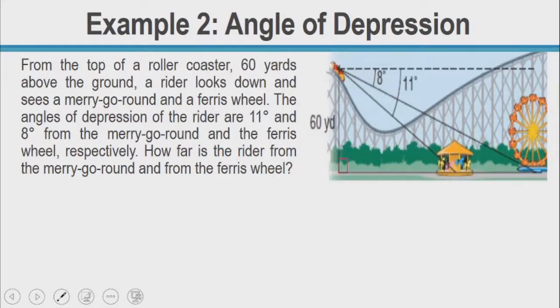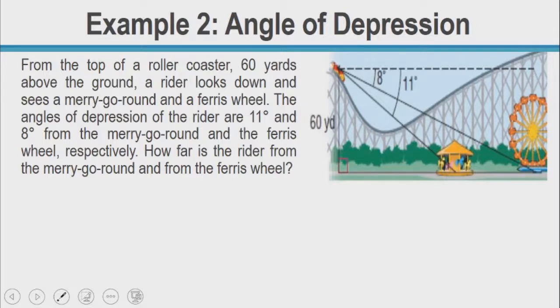The angle of depression that the rider's line of sight makes with the merry-go-round is 11 degrees, and the angle of depression that the rider's line of sight makes with the Ferris wheel is 8 degrees. We are now asked to find the distance of the rider to the merry-go-round and the distance of the rider to the Ferris wheel.